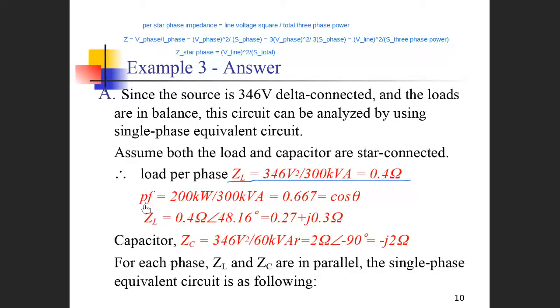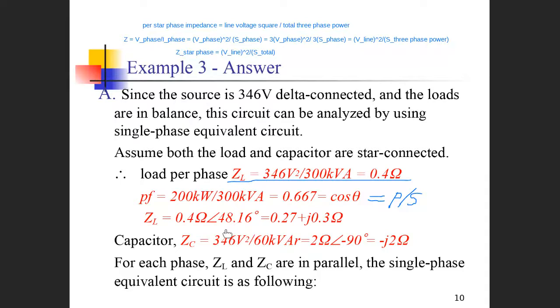The power factor is the true power factor, P over S. Therefore the impedance per star phase can be found out, 0.4 ohms.